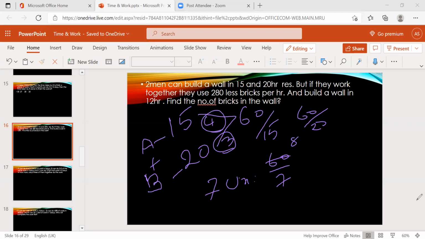Okay, first check this. What they given? So totally 60 units, right? Then this is A plus B, we got 7 units.